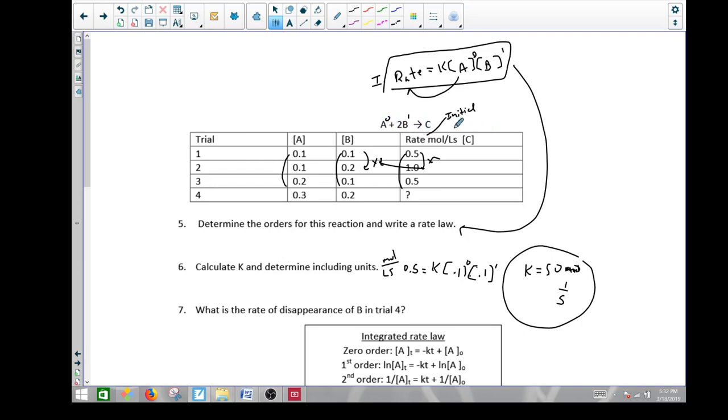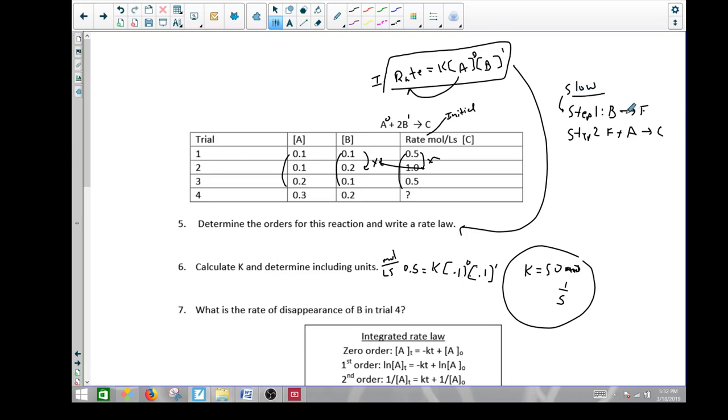This is likely a multiple-step reaction where, let's say, in step 1, there is a single B involved in this reaction, and this likely produces some intermediate, let's say, I don't know, F. And then F comes in step 2, where F might react with A, F plus A, to produce C, and this is the slow step.